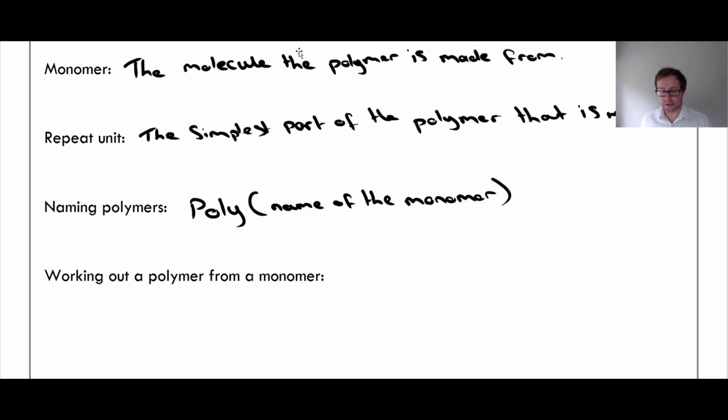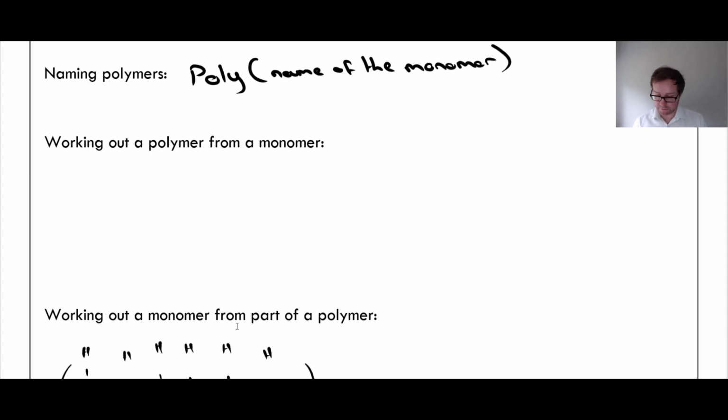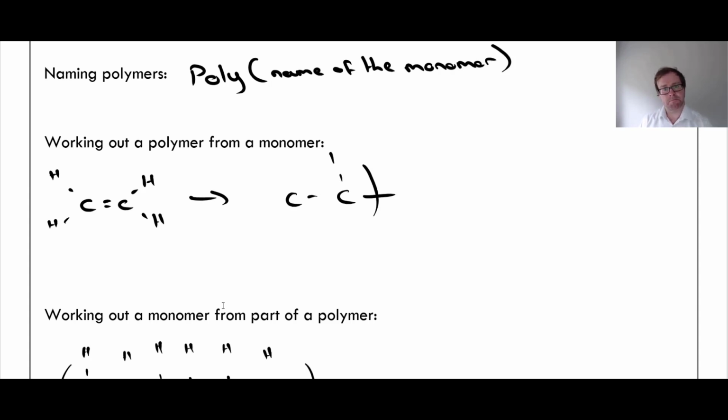Okay, so let's have a go at doing this example. So working out a polymer from a monomer. I'm going to say that the monomer is ethene. So this is the molecule that the polymer is made from. The simplest repeating unit of the polymer would be to break my double bond. So this is my monomer.